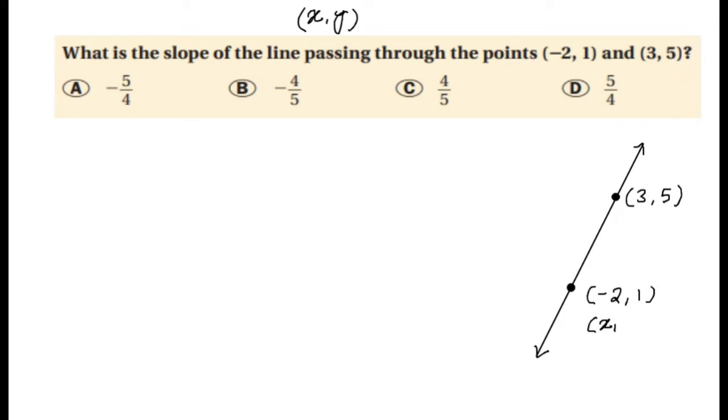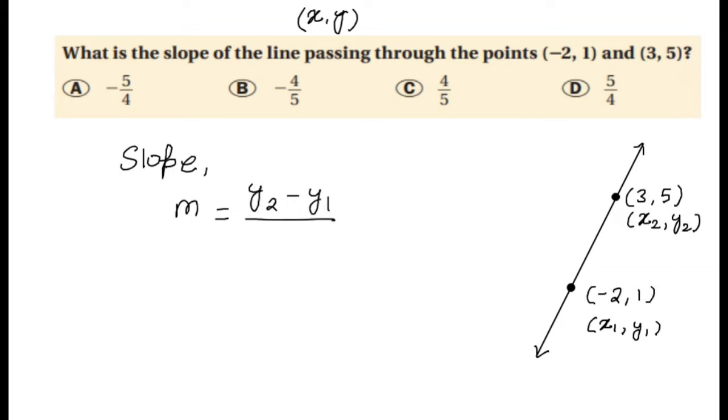Okay, so we can assume the first point to be x1, y1 and this point we can assume to be x2, y2. So the slope of the line is given by m equals y2 minus y1 over x2 minus x1.